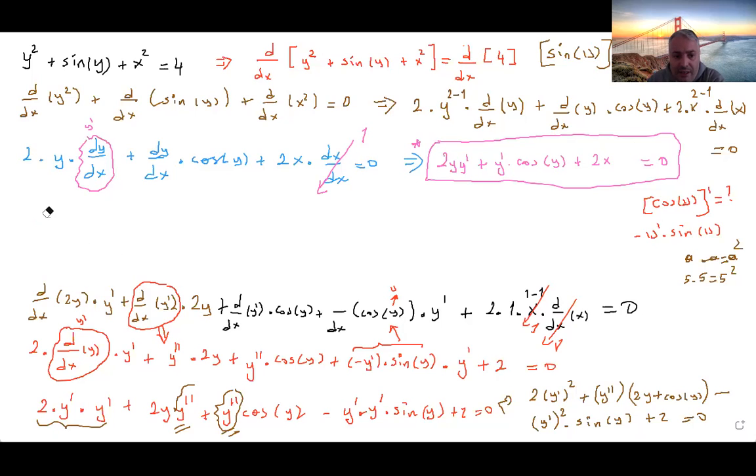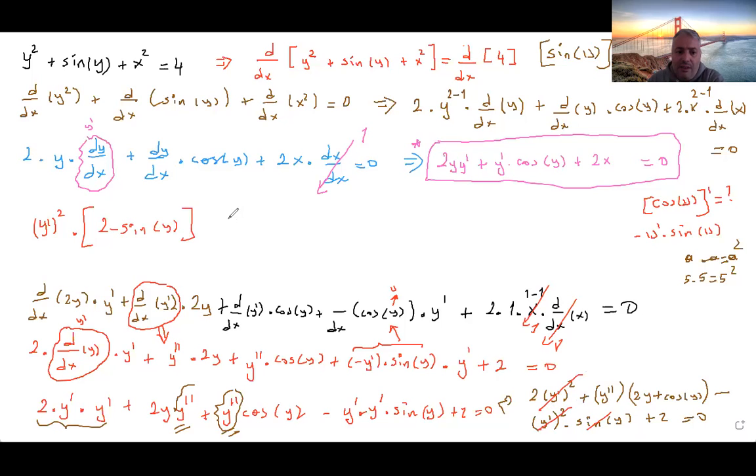So I can take y prime square common parenthesis. It will be 2 and minus sine of y. No need again to use parentheses, just directly sine of y I can say. Sine of y. That's it. So I use this one and I use this one.